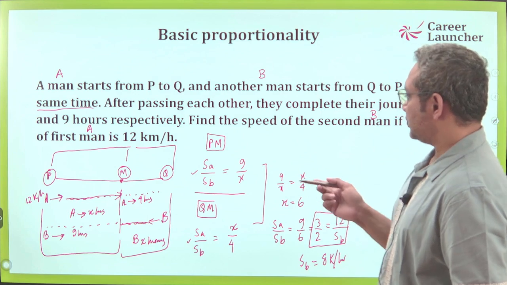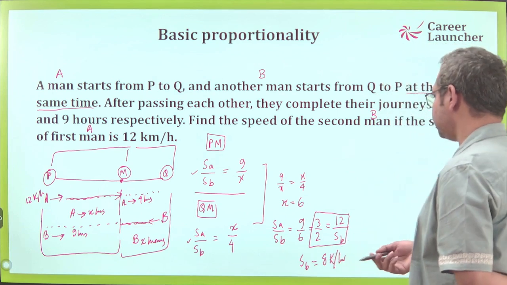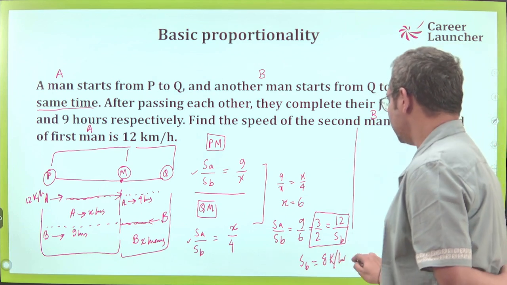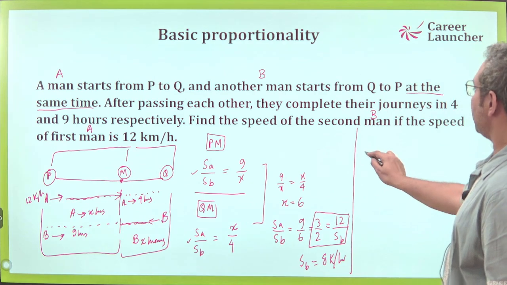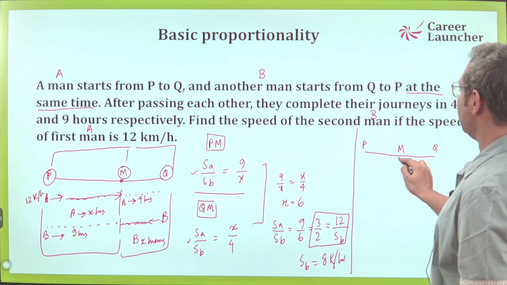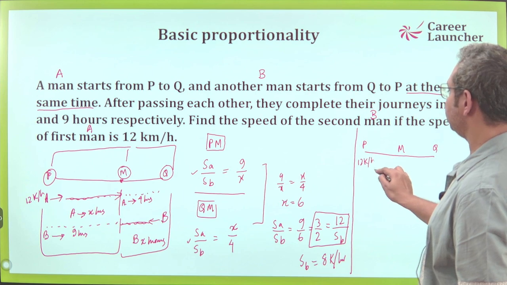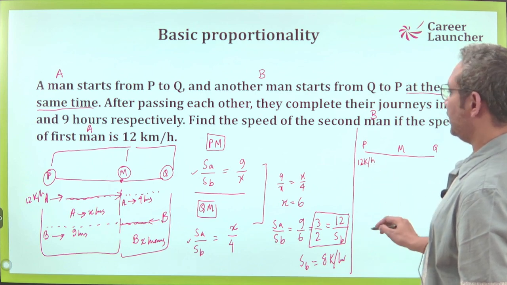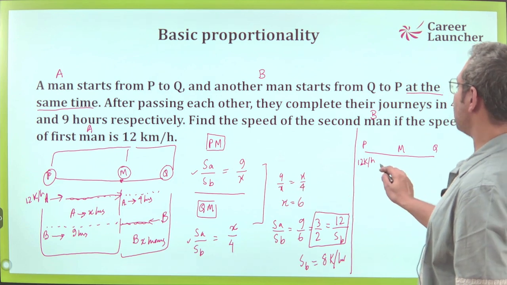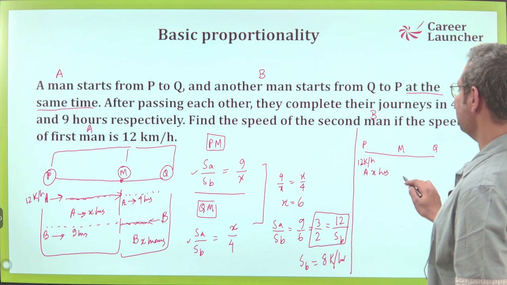Now can this question also be solved in some other way? Okay, let's quickly look at that. So if I look at this P to M part, here A is moving at 12 kilometers per hour, okay, and A has taken X hours here, that's what we had taken.